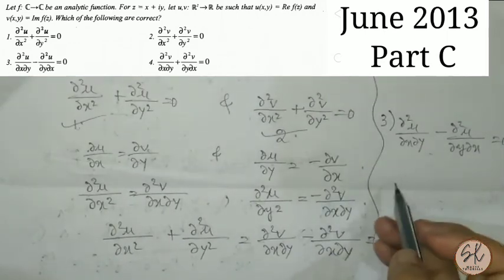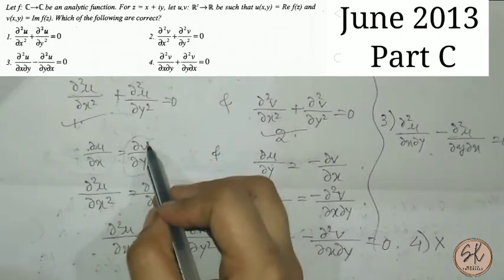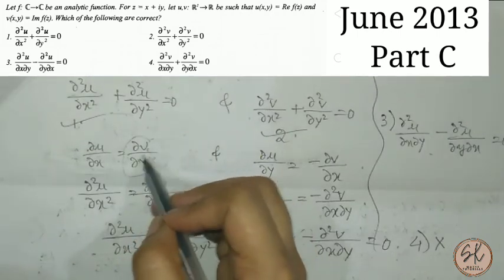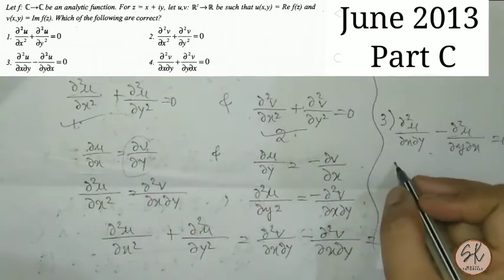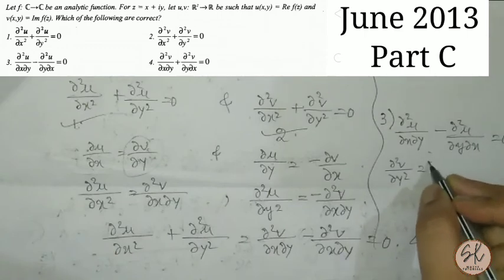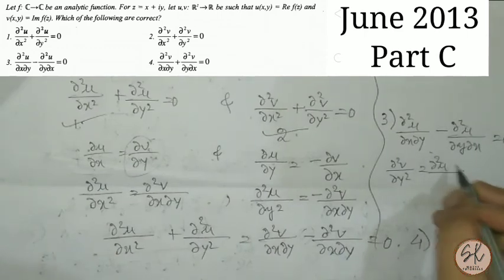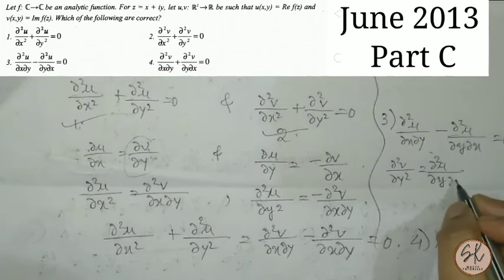So how to get this? See, when we differentiate this with respect to y, we will get del square v by del y square equals del square u by del y del x.